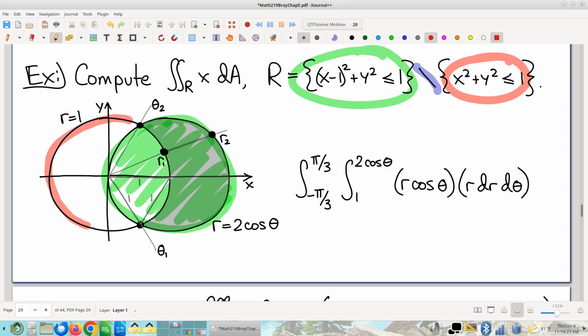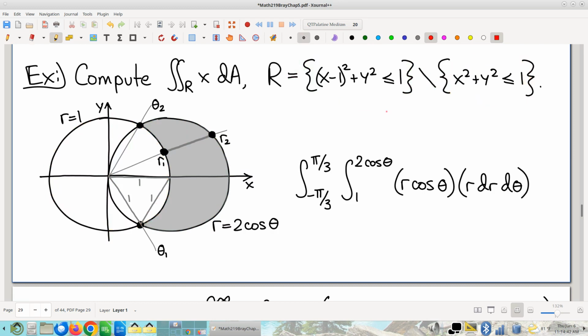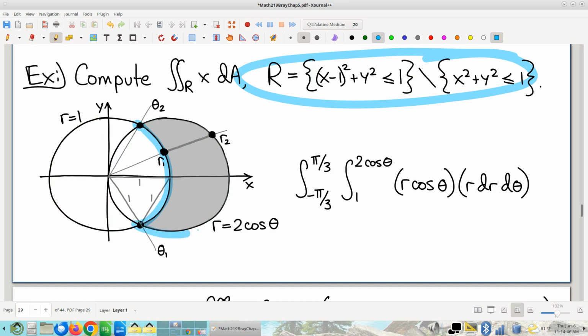So that says anything that's in this red disk I'm going to remove, and when I take the green and remove all of the green points that are also red, the result is this kind of ellipse-shaped domain there. Is that cool? A partial eclipse.